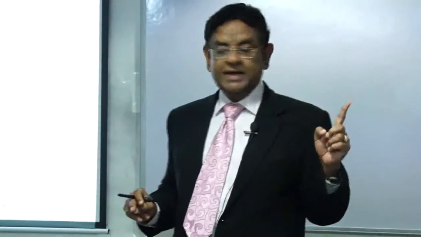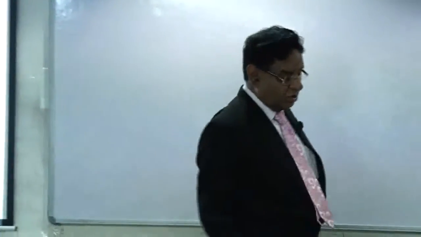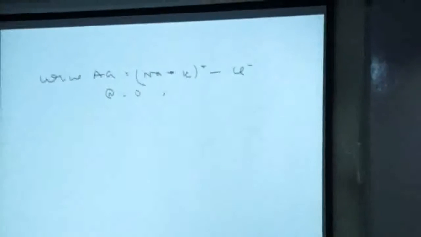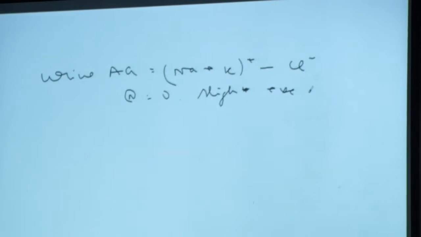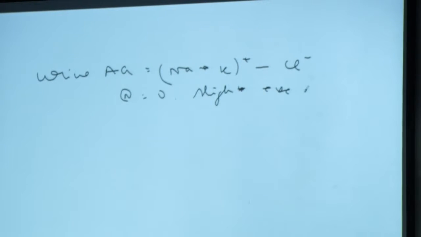Point to note, it is sodium plus potassium minus chloride, whereas there it was sodium minus chloride. We don't include bicarbonate. Okay? Normal is zero or slightly positive.